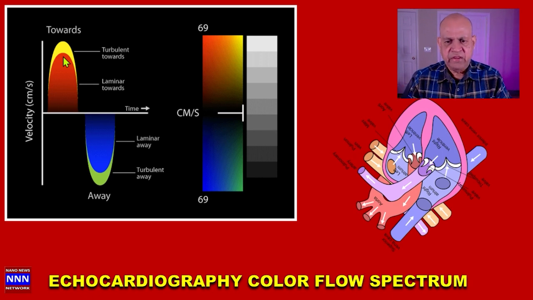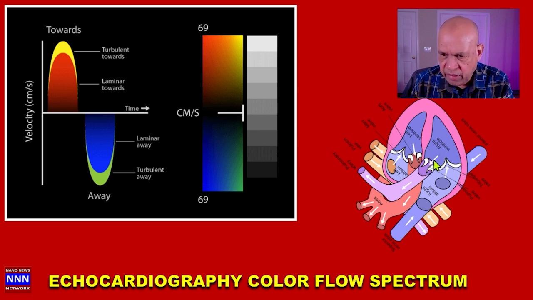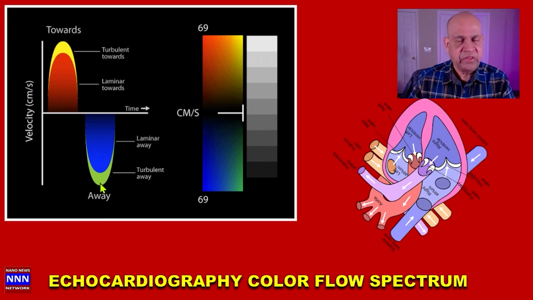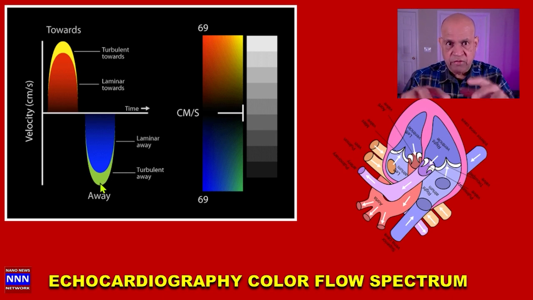However, if there is a narrowing of the heart valve, let's say for example a narrowing of the aortic valve here, then the flow coming from here is going to be smooth, but at the site of narrowing, the velocity increases, and immediately after the valve there is turbulence of blood flow, creating a chaotic flow instead of a laminar flow, which creates these yellow and green and cyan changes depending upon the direction in which the turbulent flow is coming.